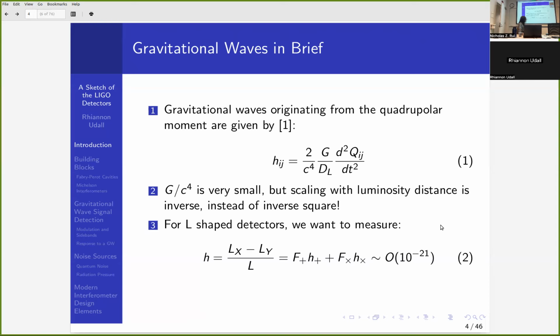Okay. So briefly, to give a sense of the scales, we're looking at about 10 to the minus 21. Whenever you see a plot about sensitivities, the signals themselves will be at about the 10 to the minus 21 level. So you want to have noise below that level if you want to see anything.